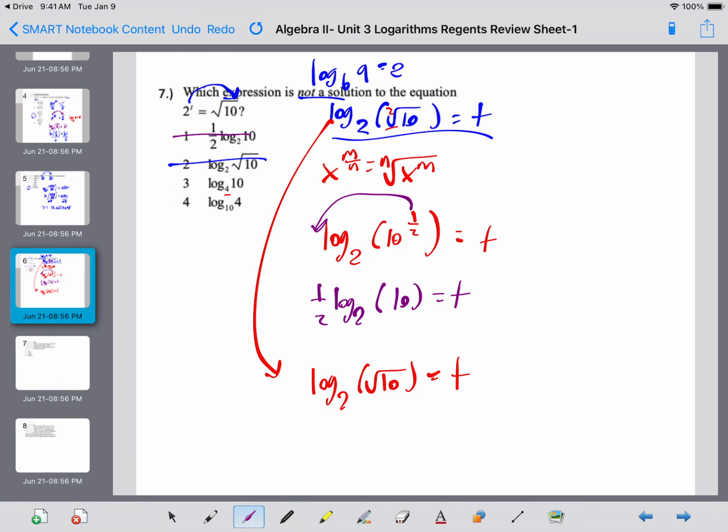So I could square the base and square the argument, which is just log base 4 of 10. And we know that would be equivalent. So your answer would have to be 4. That's the only one that's not a solution. Again, if that's too much to know, all you have to do is convert to log base form and then just plug everything into your calculator and see which one's not equivalent.